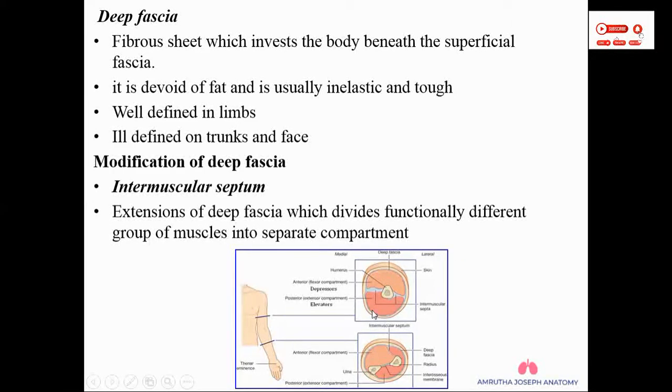Whatever you can see posteriorly is the posterior compartment of the arm. So intermuscular septa are extensions from the deep fascia which go and attach to the underlying bone, dividing the area into compartments. Here we have the anterior compartment and the posterior compartment.